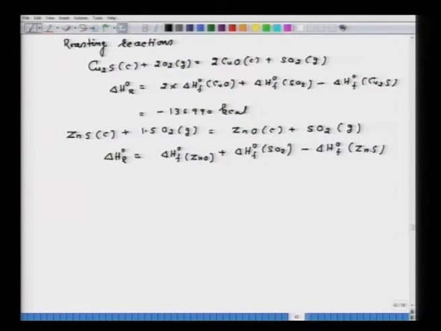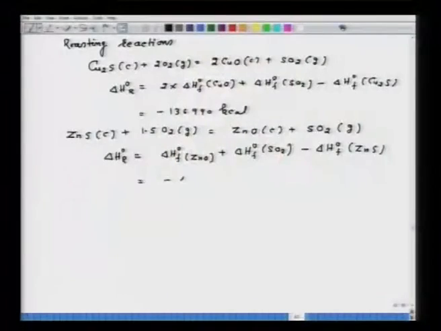Here I have not written delta H naught F for oxygen, because for an element it is equal to 0, so there is no need to write it. If I substitute the values, I get minus 110,440 kilocalorie. So, you note from here that roasting can be an autogenous process.